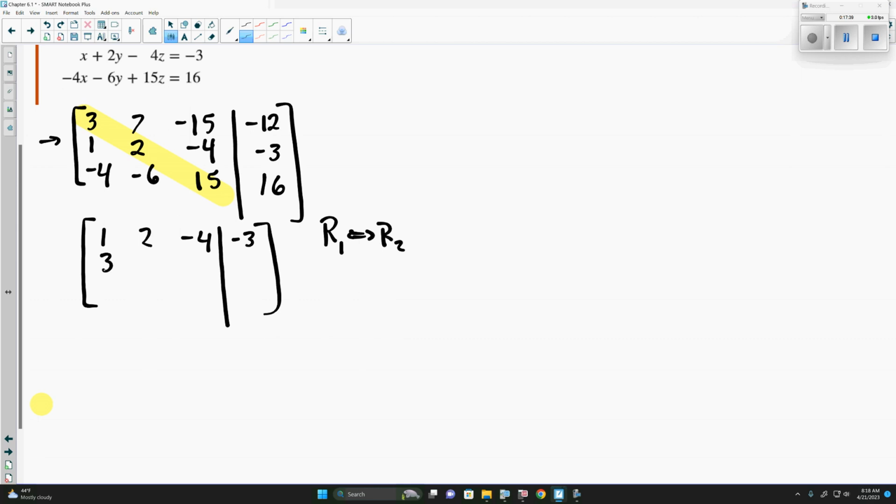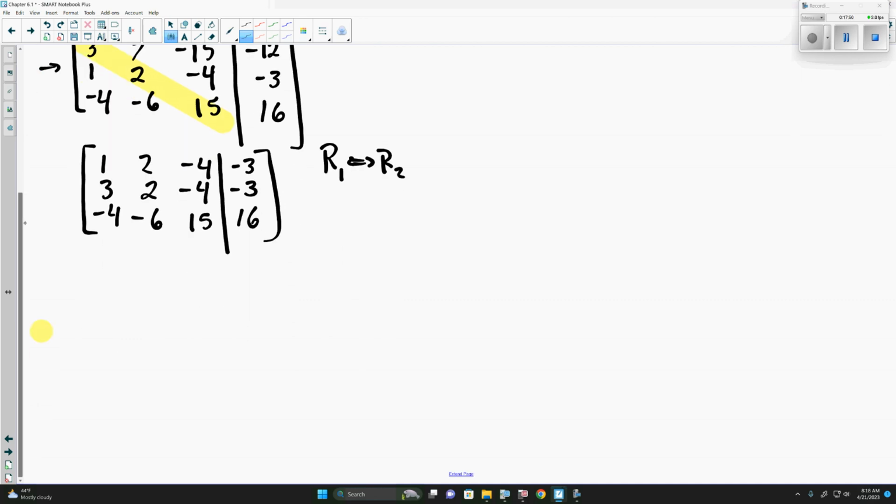And the second row is now 3, 7, negative 15, negative 12. And the last row stays the exact same. Questions on this here?